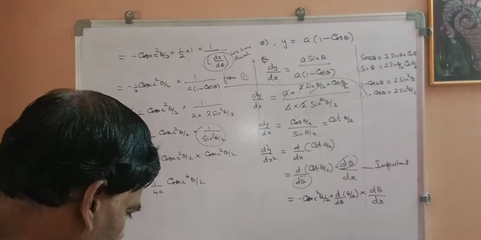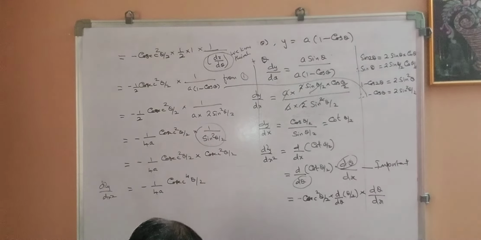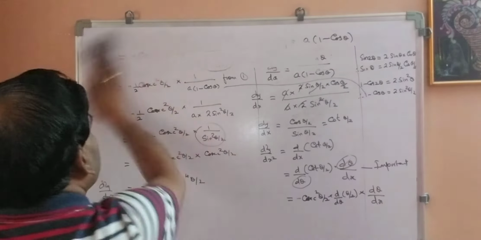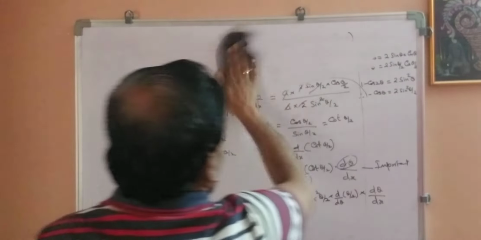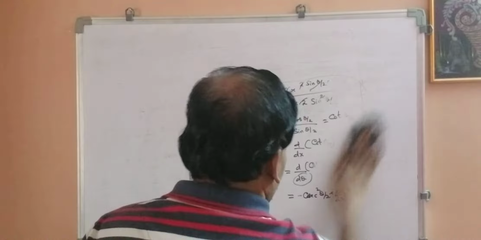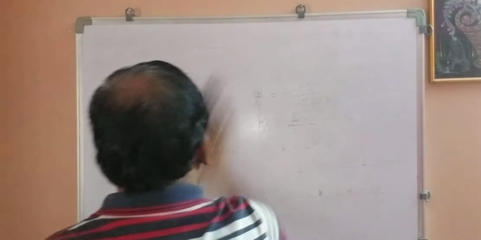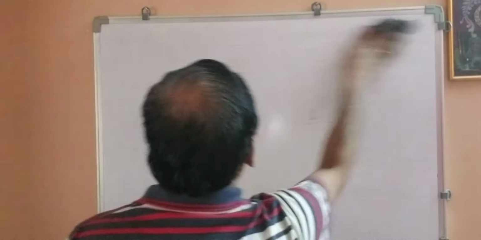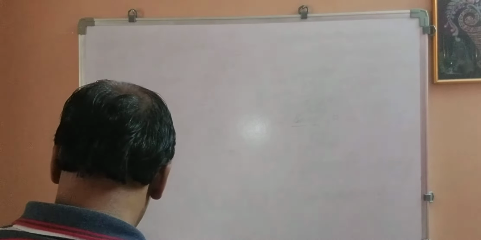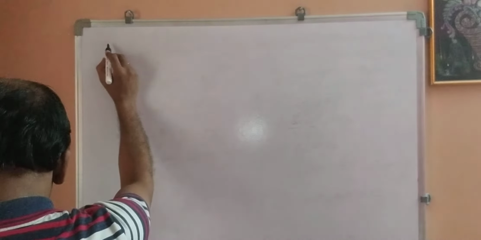Okay. Now we will do a similar one. Next sum we will do with parameter t. Find d square y by dx square. See, third sum.